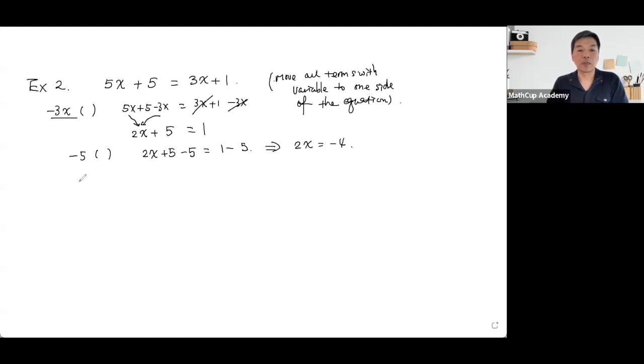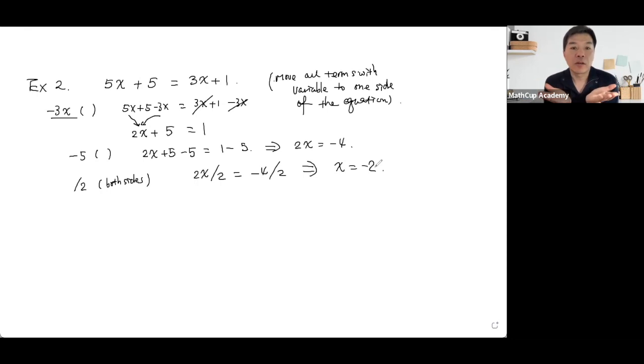And at this point, we're going to divide by 2 both sides. So we have 2x divided by 2 equals minus 4 divided by 2, which gives us x equals -2.